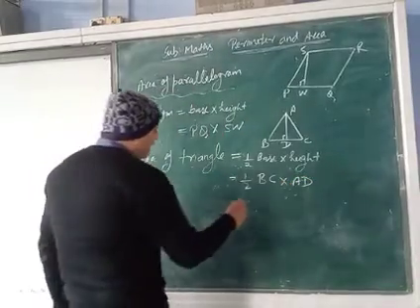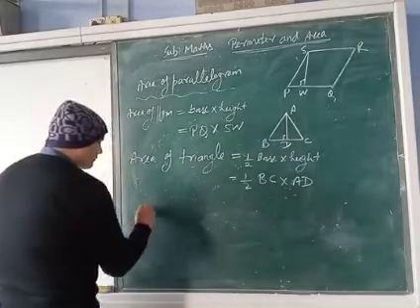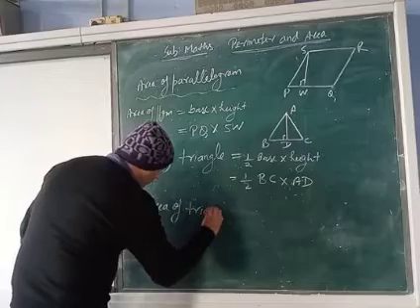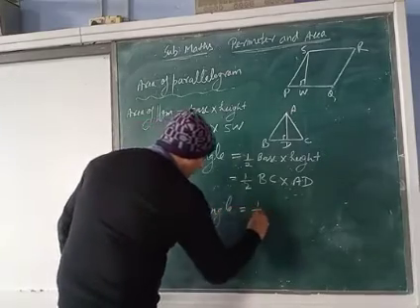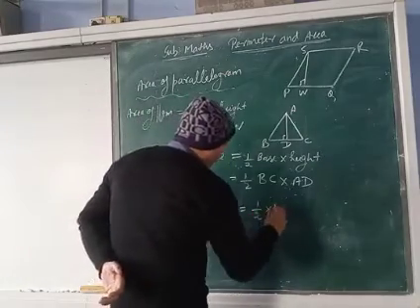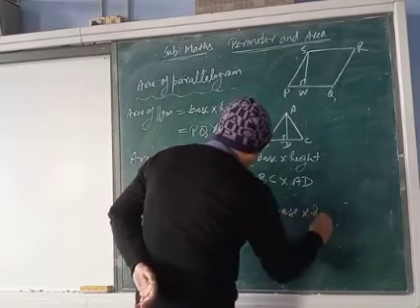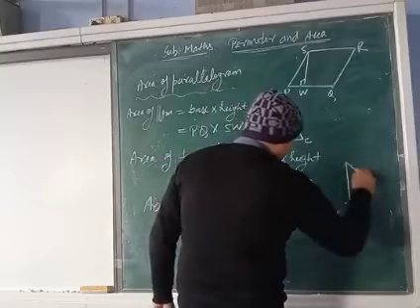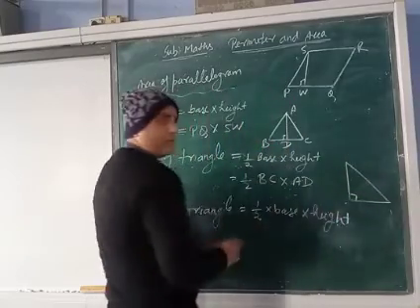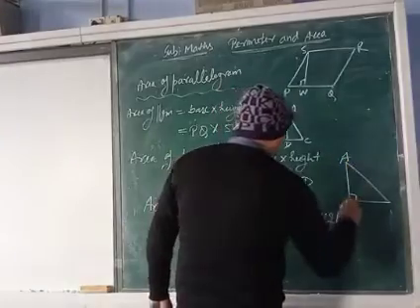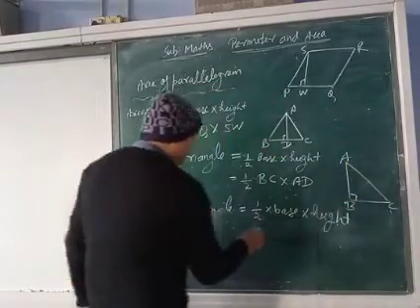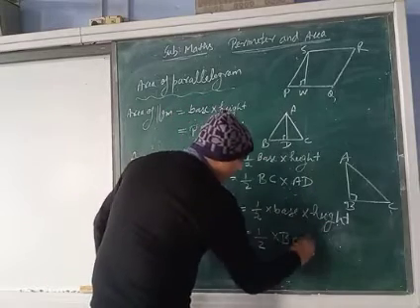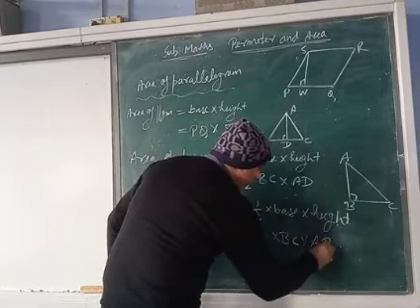Now if you have a right angle triangle, then the same, 1 by 2 base into height. In a right angle triangle, the perpendicular is already given, ABC.